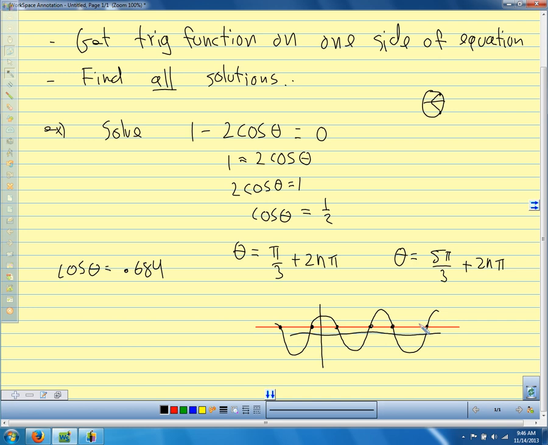There are a couple of problems in your homework where it asks you to estimate or approximate the solutions using your calculator. So that's what you do. You graph your functions and find those places where they intersect. So this is what we're looking at if we're looking at a picture of these solutions.